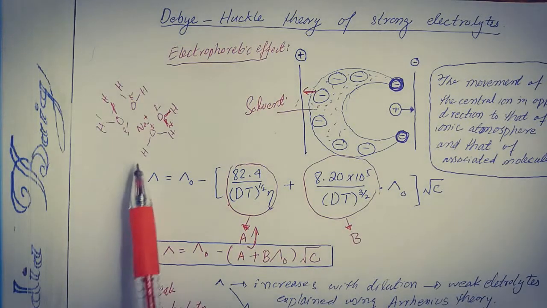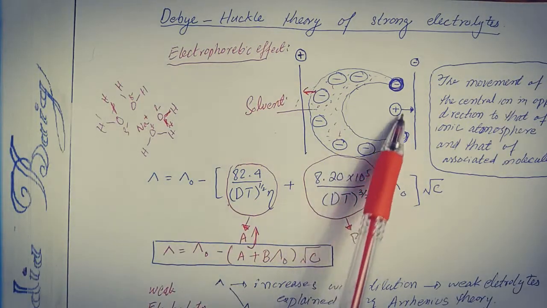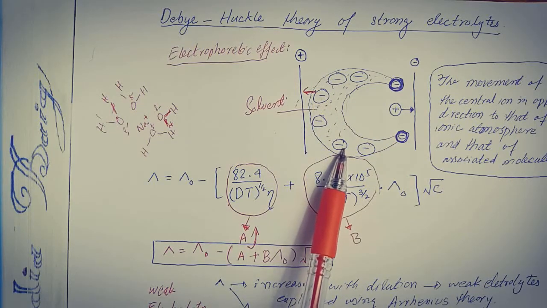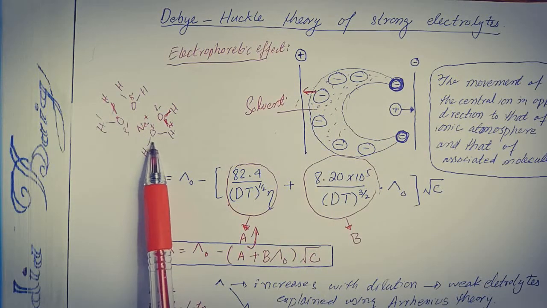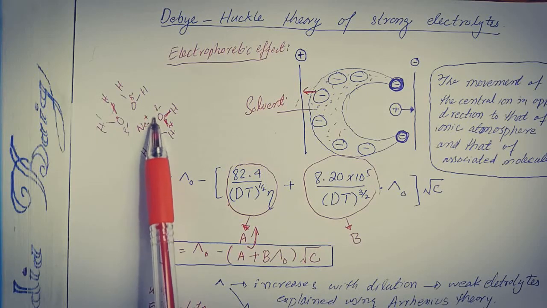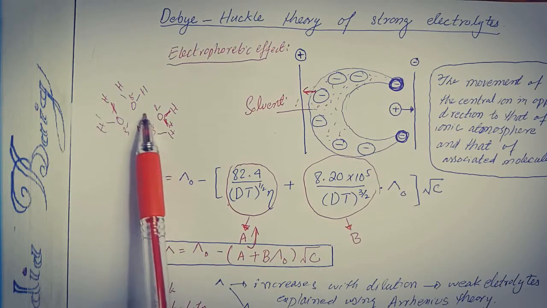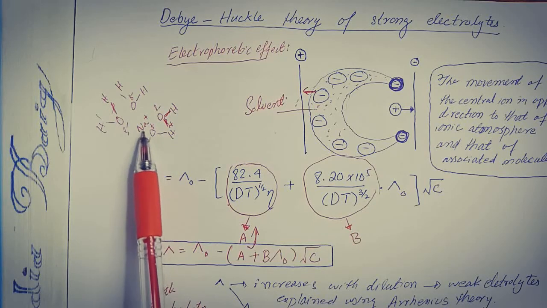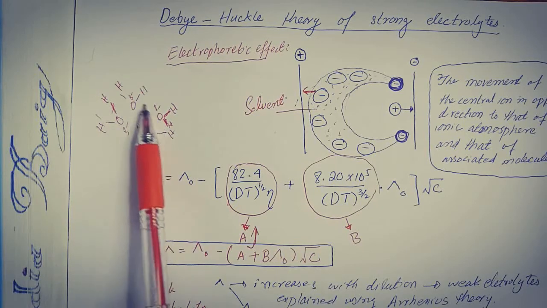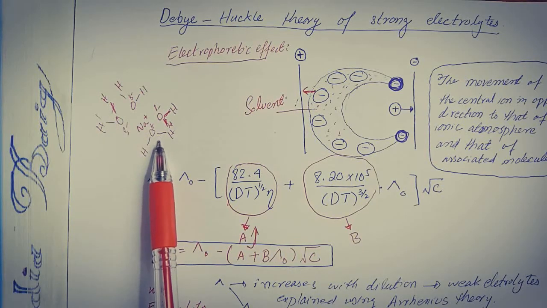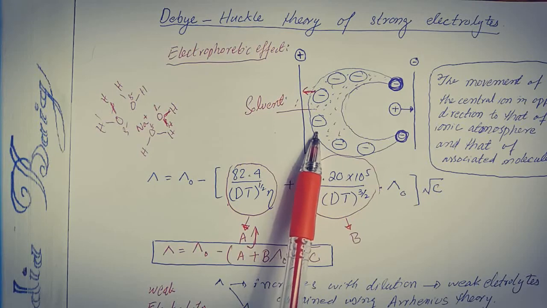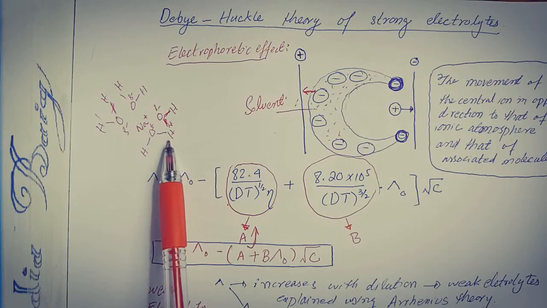So when these ions are dissolved in water, the partial negative oxygen is surrounding this positively charged sodium ion. So here this sodium ion, or the positive ion, is also surrounded by solvent molecules. Similarly, the negative ions are also surrounded by solvent molecules, that is water.